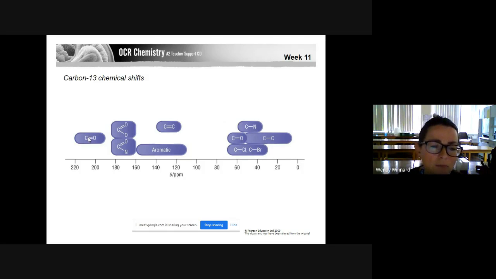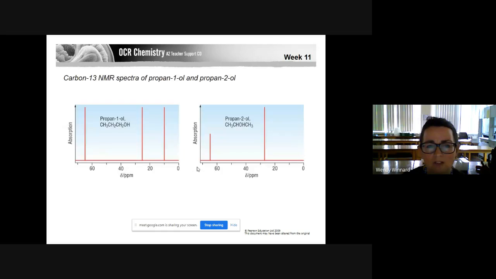Carbons that are attached to electronegative atoms are more exposed, so they give out a greater signal. You can see this weird scale goes from a high number down to a low number. Let's have a look at two molecules, propan-1-ol and propan-2-ol.